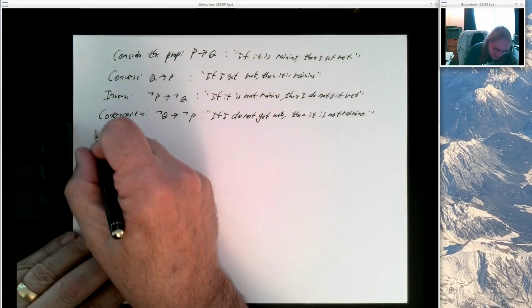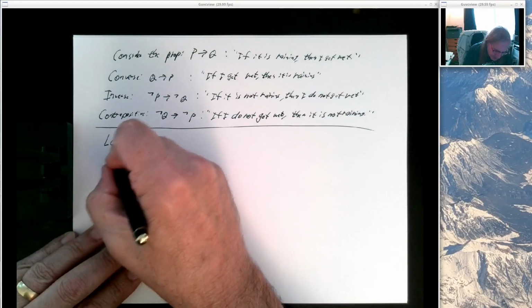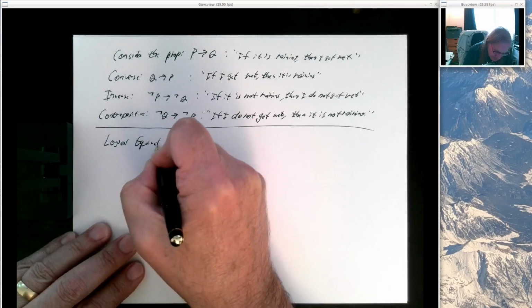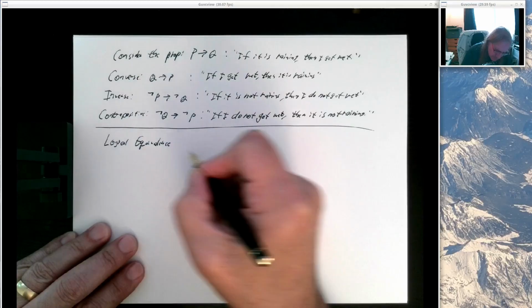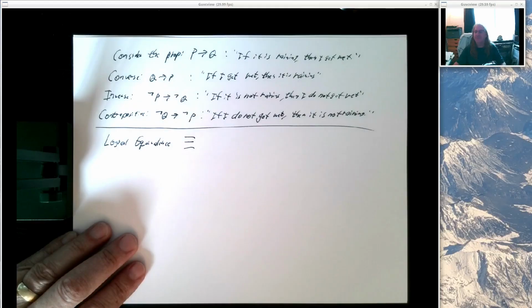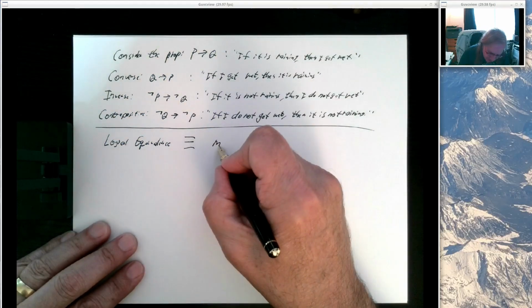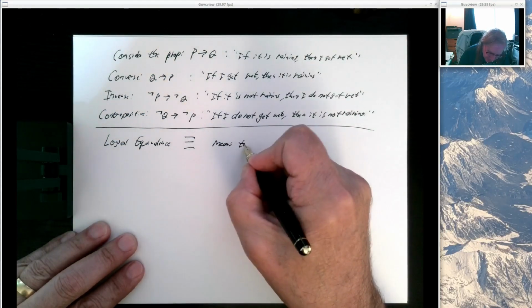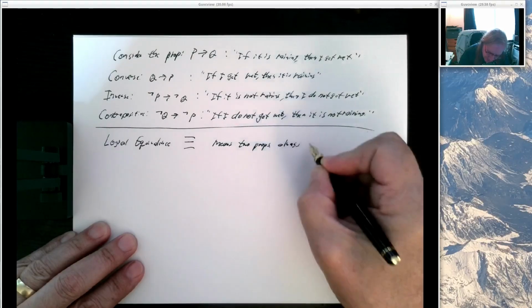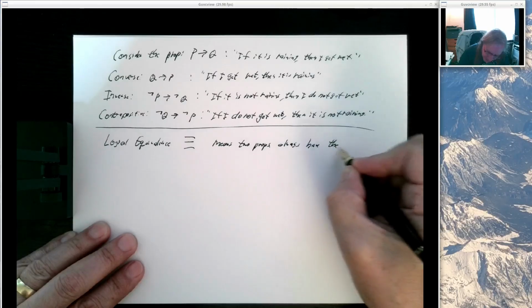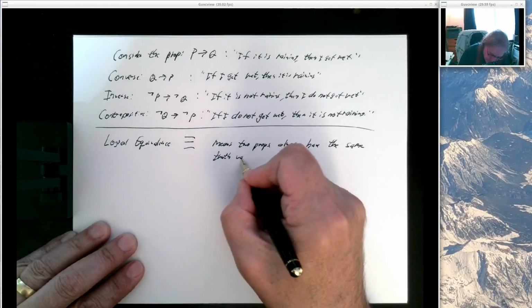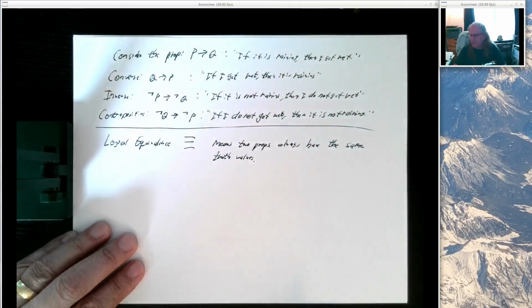So we can talk about this idea of logical equivalence. And we write logical equivalence with this triple equal sign. And it means two propositions always have the same truth value, depending on the values of their variables.